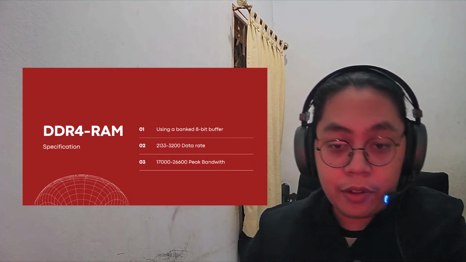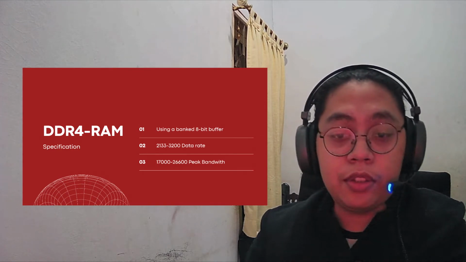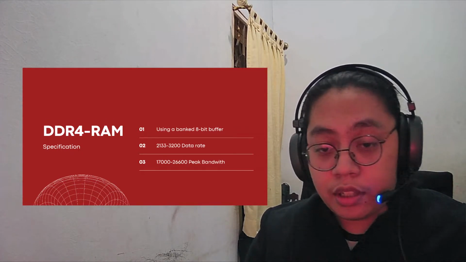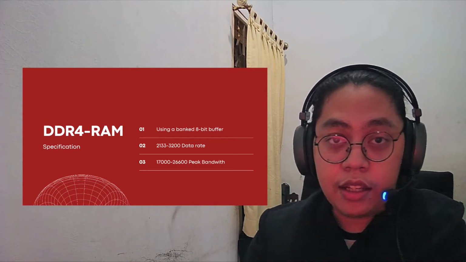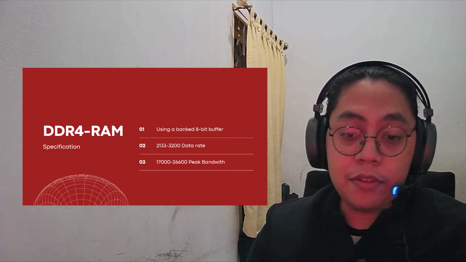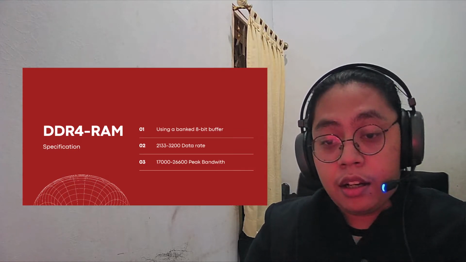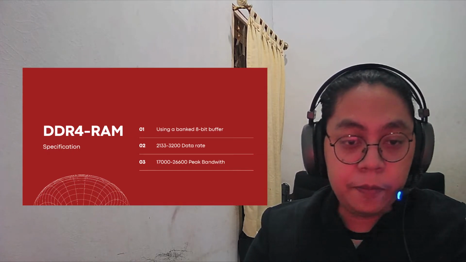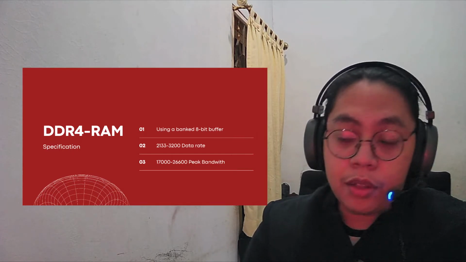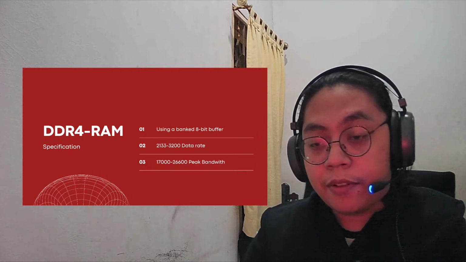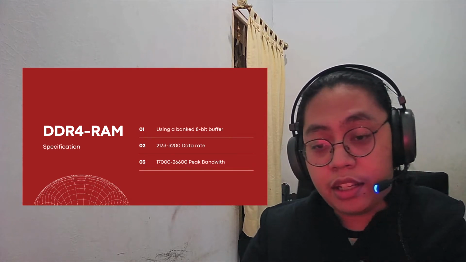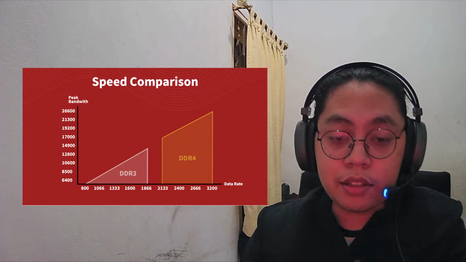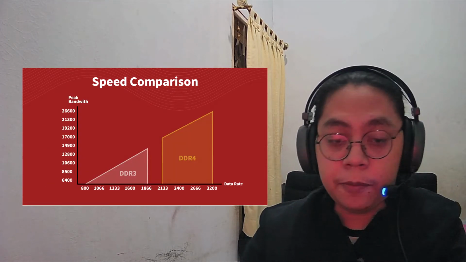The DDR4 also has 2133 all the way up to 3200 data rate and a peak bandwidth of 17,000 all the way up to 26,600. On the next slide, we're gonna see a graph showing the difference in data rate and peak bandwidth between the DDR3 and the DDR4.